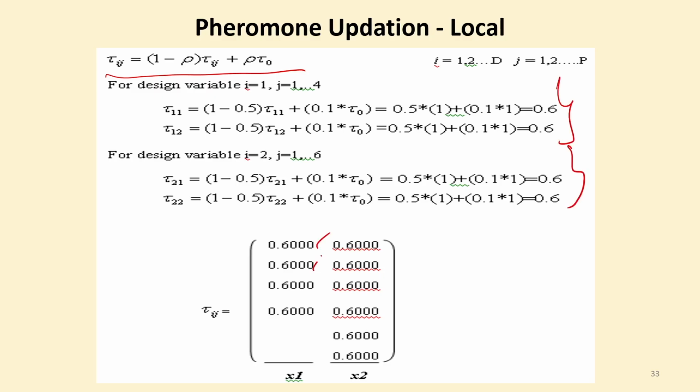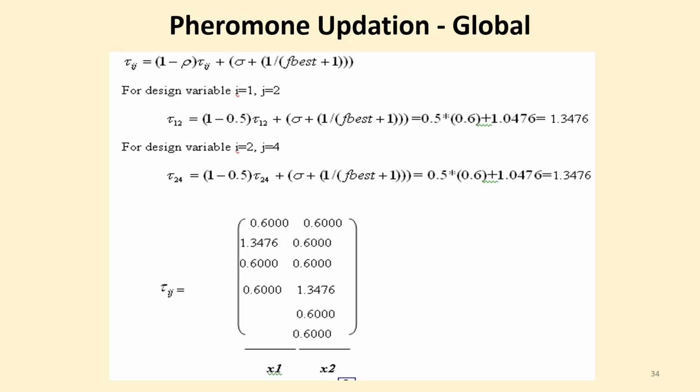So, the pheromone updation values are this. After updating the pheromone by substituting in the formula like this, your pheromones are updated like this. After the pheromone has been updated, you have to update 2 things: one is local pheromone updation, another one is global pheromone updation. Once both have been done, the process is repeated like in the genetic algorithm and particle swarm optimization algorithms.